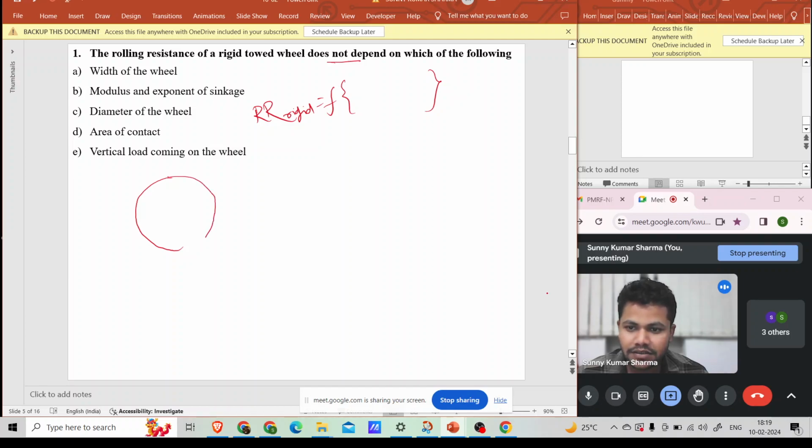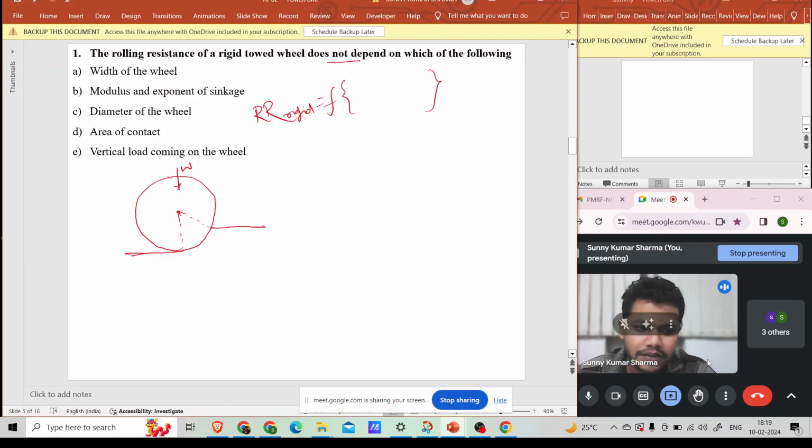Sivanand, answer. Have you seen those lectures? Option A is not correct. This is a rigid wheel. Some weight is coming on it. If you have seen the derivation, is it the diameter of the wheel?